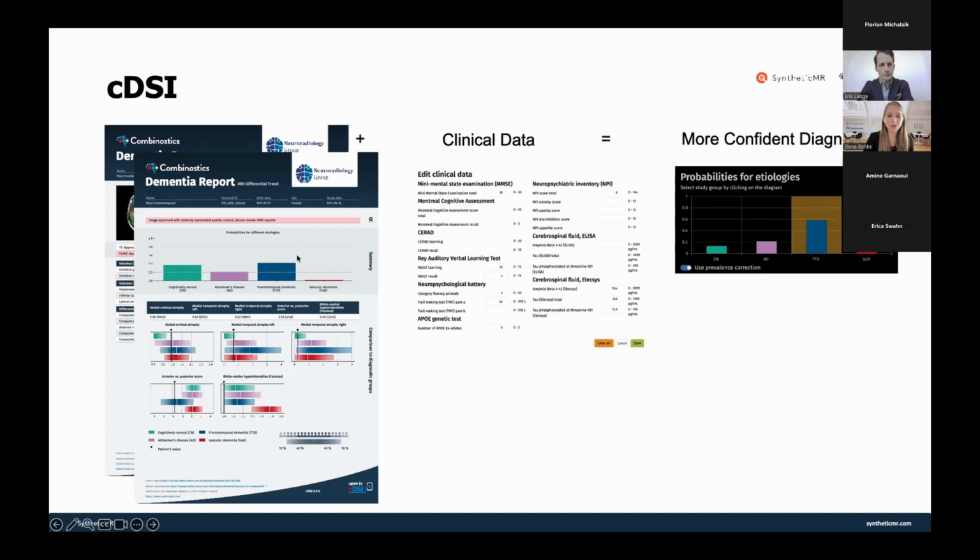And what I want to demonstrate here is to show how useful it can be to combine the MRI information with the clinical data that was provided here by the neurologist. So the neurologist entered all this information, and then in the end, the tool was able to give a more confident diagnosis with the probability of frontotemporal dementia here rising based on the combination of those different data sets.